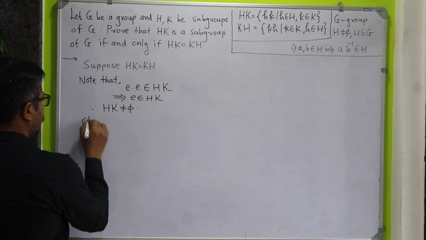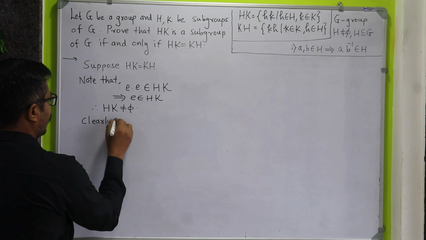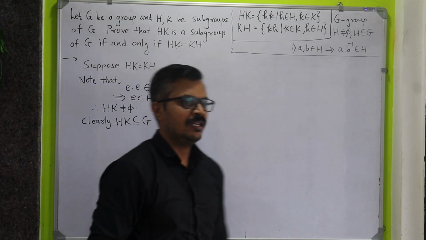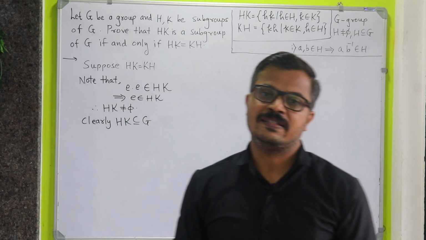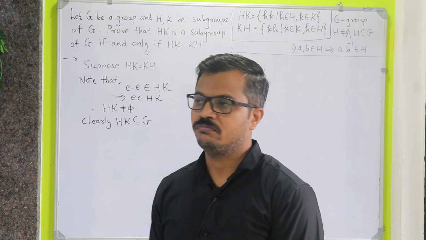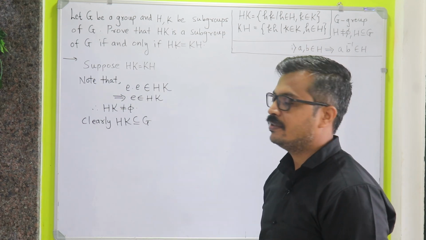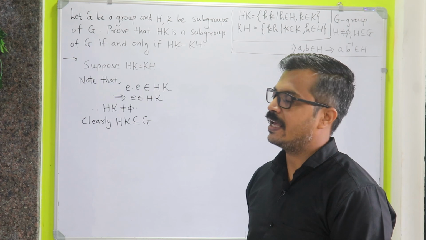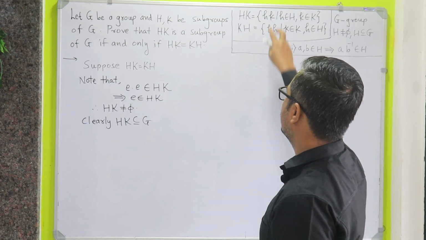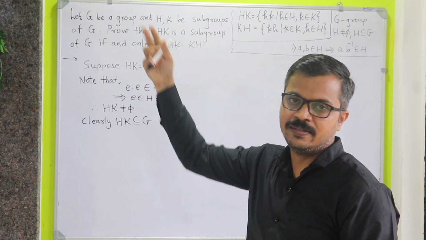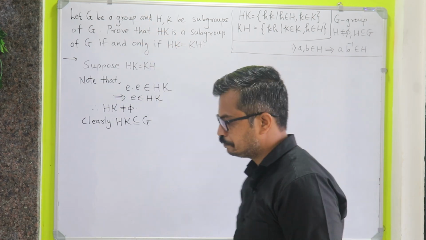No issues for subset. Clearly HK is a subset of G, as H and K are subsets of G. So that will definitely happen, and obviously a binary operation is there in the set G. Thus the multiplication of h and k will always be an element of G.